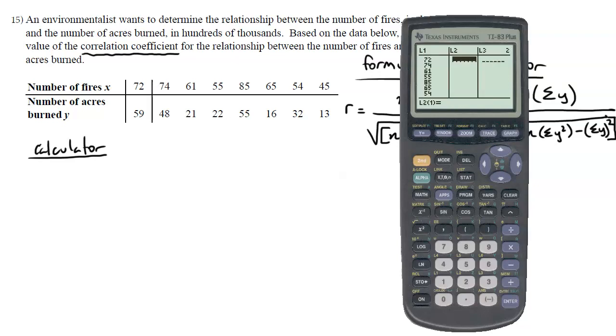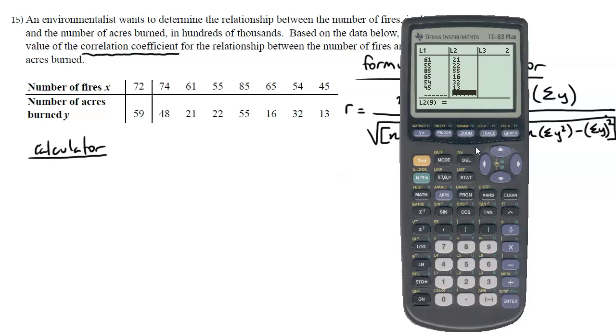Then I enter the associated y values in column L2: 59, 48, 21, 22, 55, 65, 16, 32, 13. Let's make sure I have everything right here. Perfect.